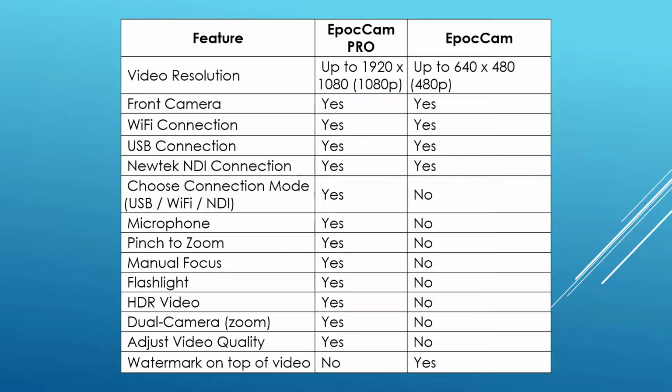You can pinch to zoom. You can use the manual focus. You can turn the flashlight on your camera and use that as a light. You can use HDR video, dual camera zoom, adjust video quality, and there is no watermark on the Pro version.